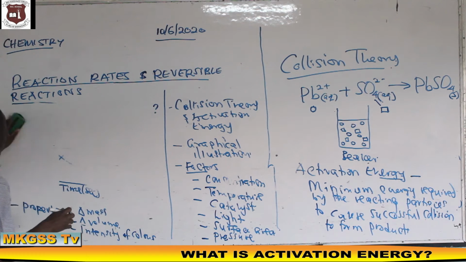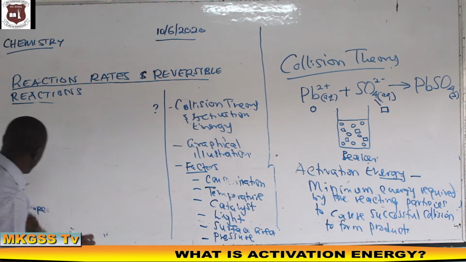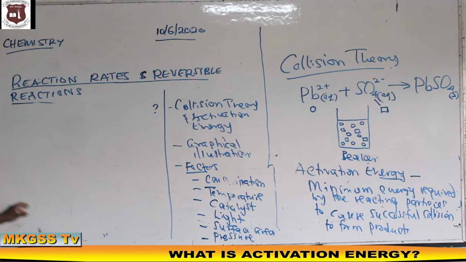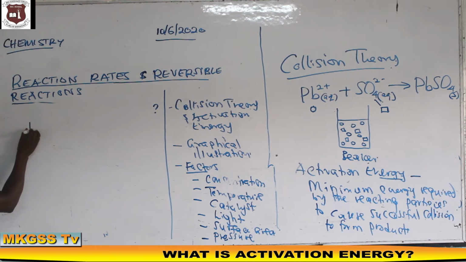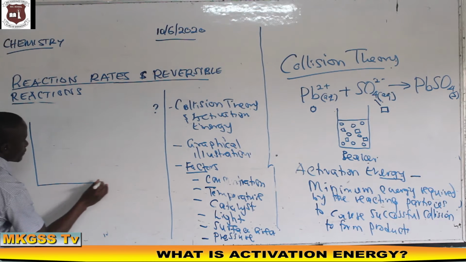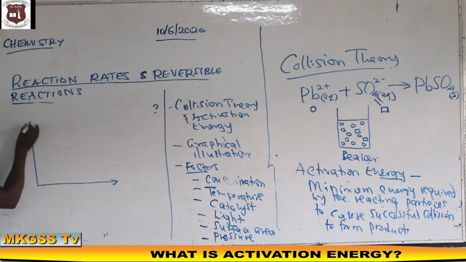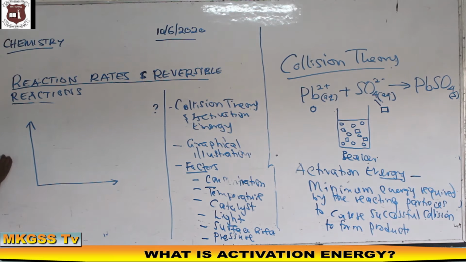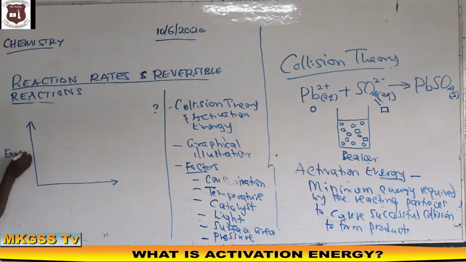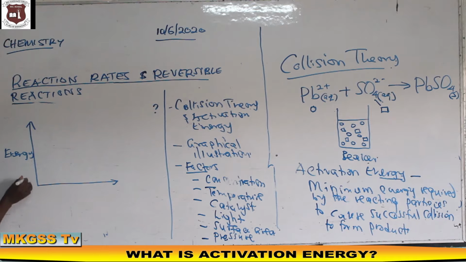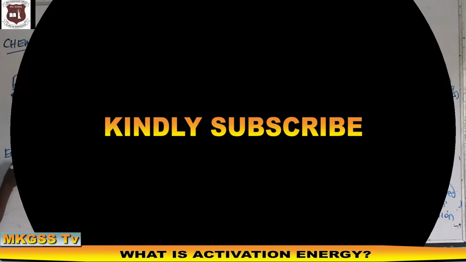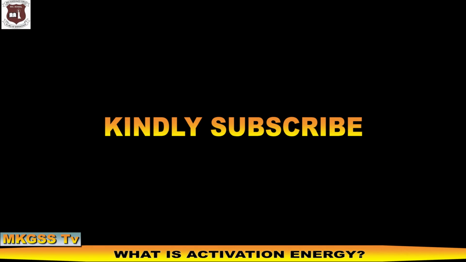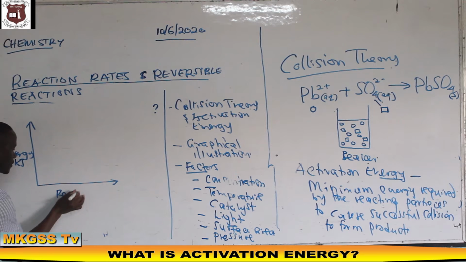It can be graphically illustrated as shown. So this is energy in kilojoules. Then this is the reaction path.